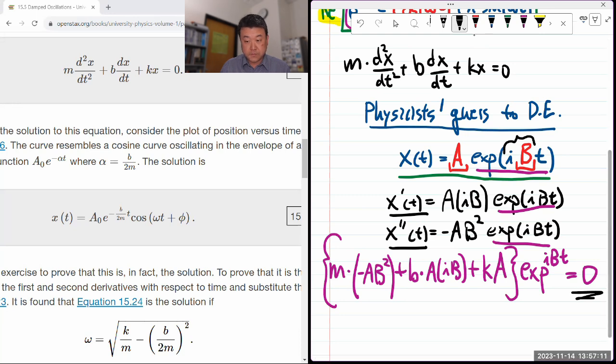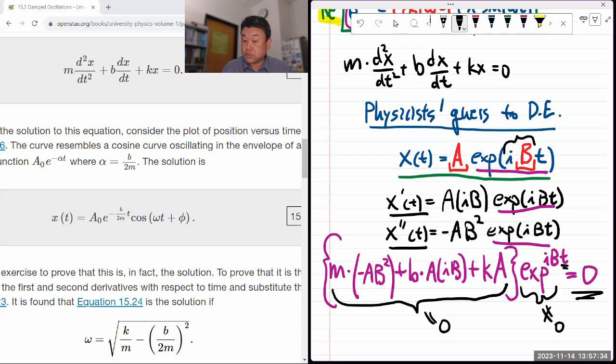The thing that makes solving this equation simple is that in order for this whole thing to be 0 at all times, this factor is not going to remain 0 for all times. Actually, I think there's no time when this whole complex thing is 0. So this is not 0, which means for this equation to work, the only way is by making this term go to 0.